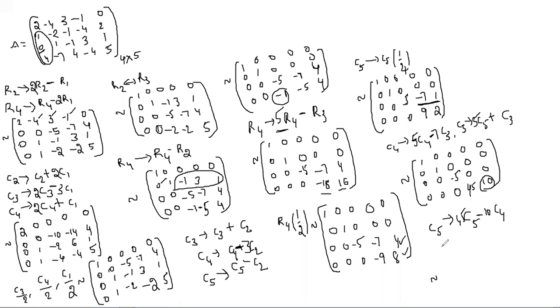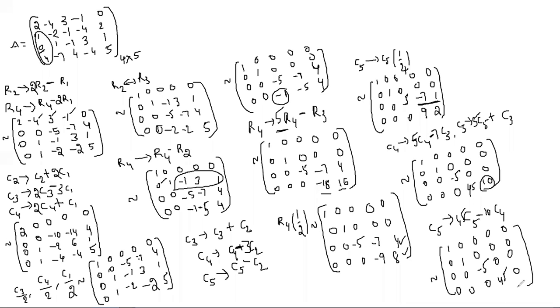Simply what we can write: 1 0 0 0, and next 0 1 0 0, and next 0 0 minus 5 0, and next 0 0 and 0 45 as this, and next here 0 0 0. So 45 into 10 is 450, and this is 450, obviously this is 0.